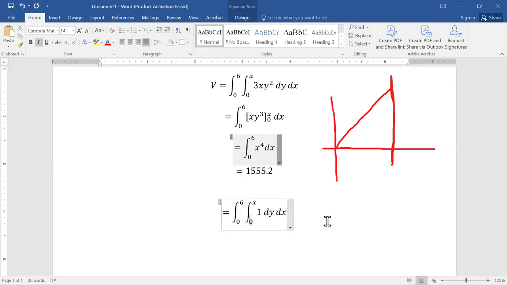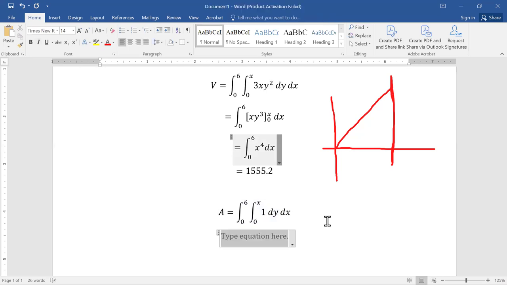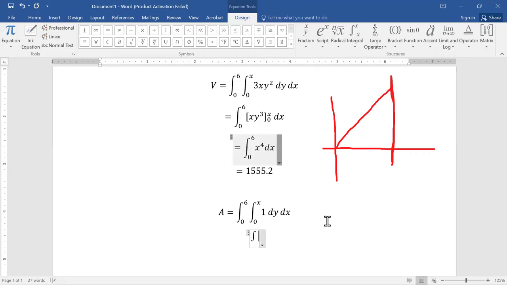So that's the area right there. When you integrate 1, you just get y. Plugging in 0, plugging in x.